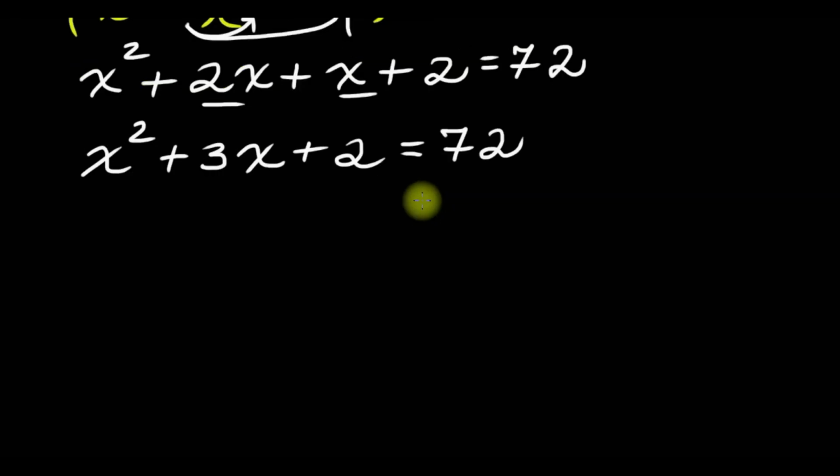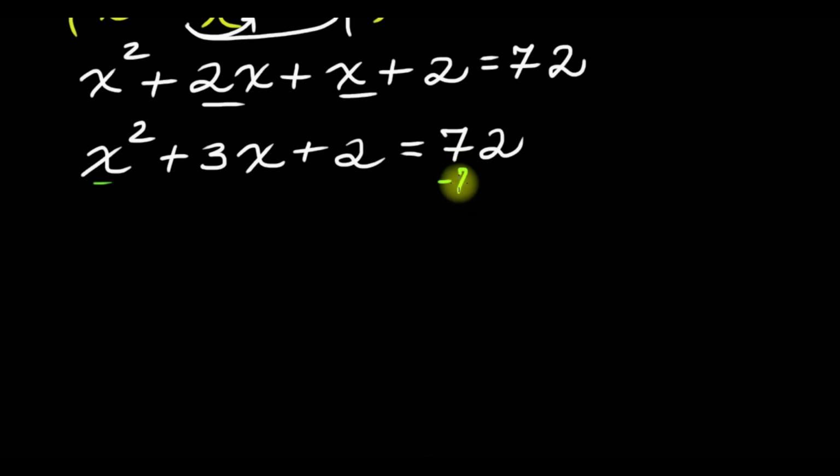So now this is a quadratic equation because of the x squared. We have to try to solve this by factoring, by completing the square, or by using the quadratic formula. So first thing I need to do here is to set this equal to 0.